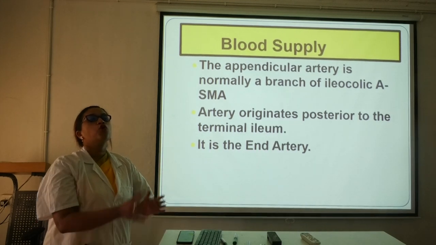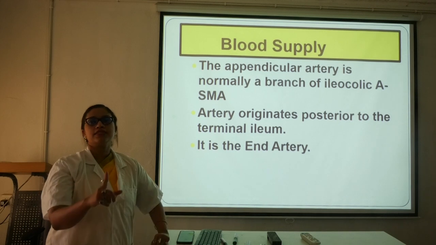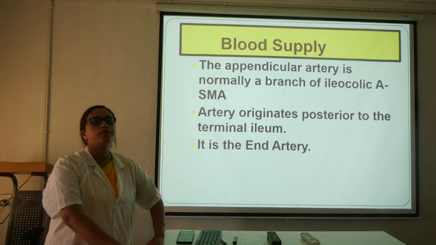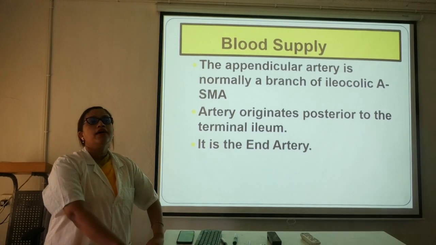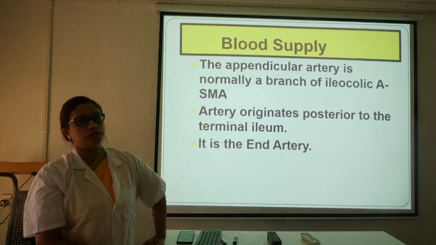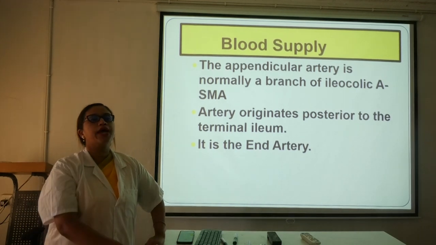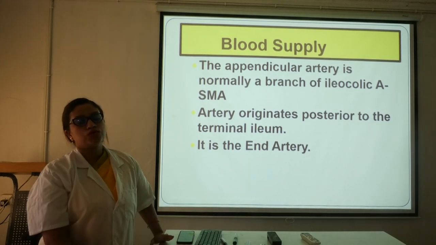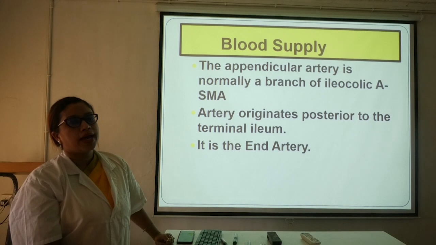So there would be no collaterals. That is the last artery. There would be no collateral branch. More specifically, you have to say it is devoid of precapillary anastomosis. End artery means devoid of precapillary anastomosis.